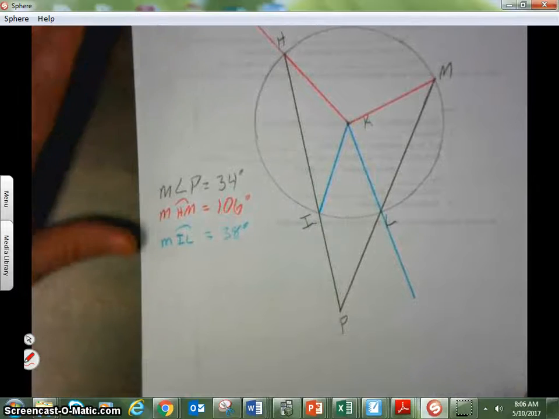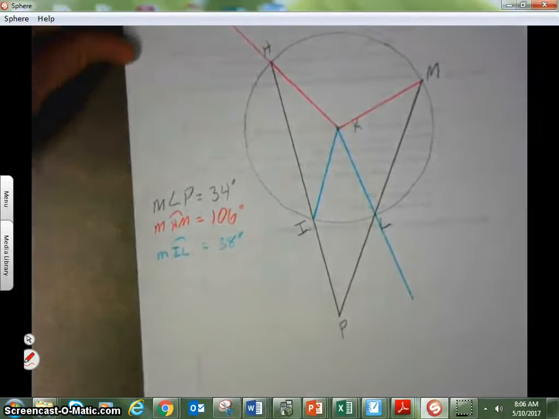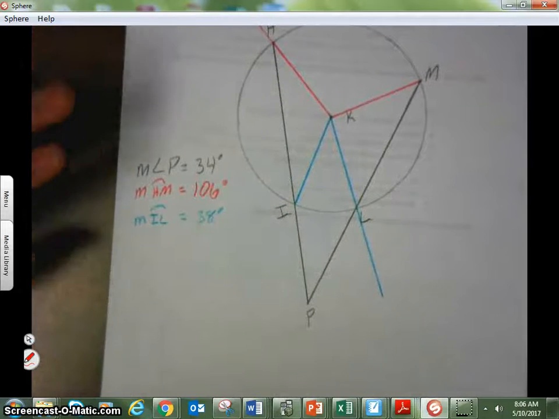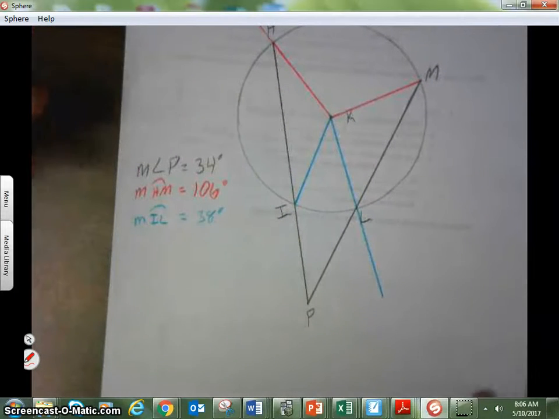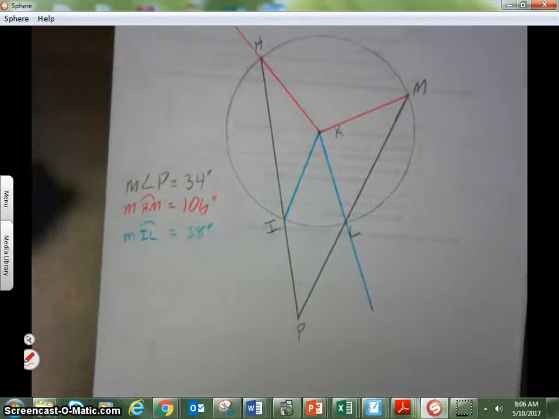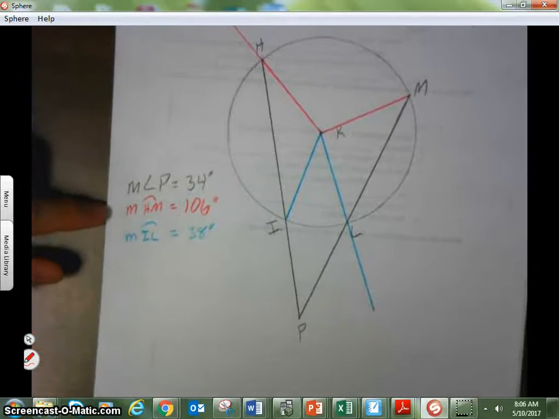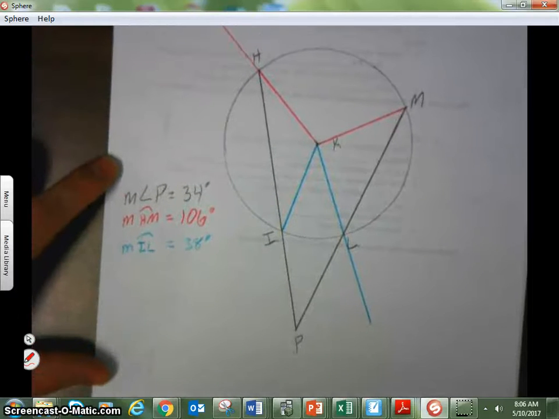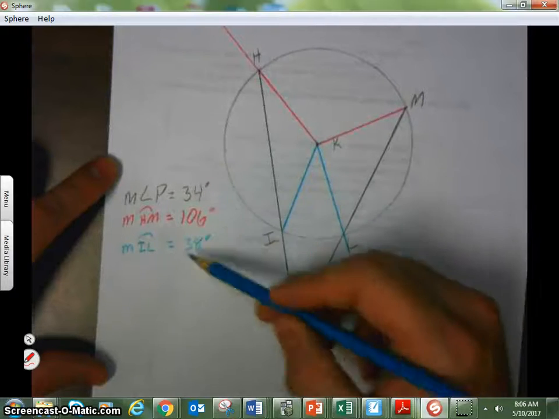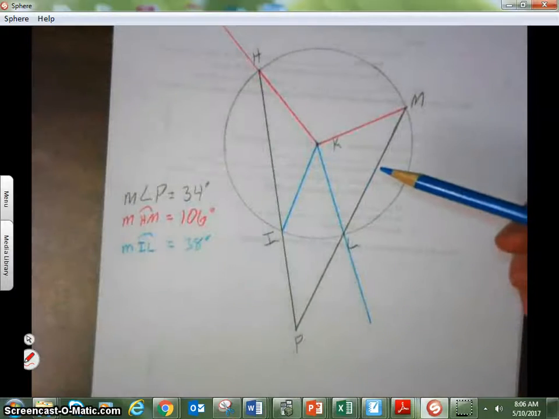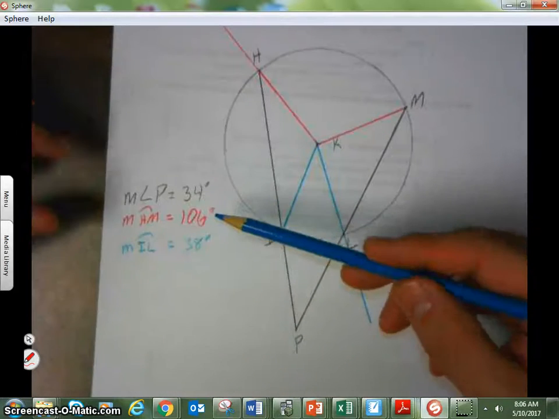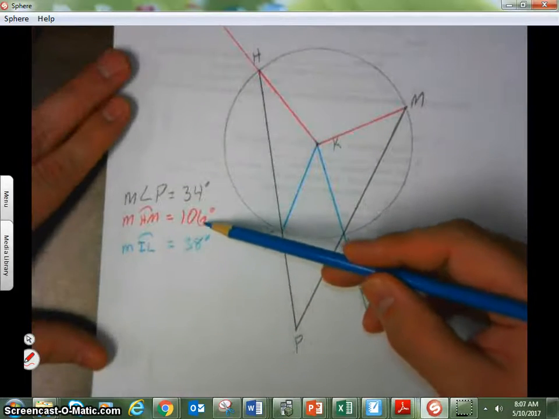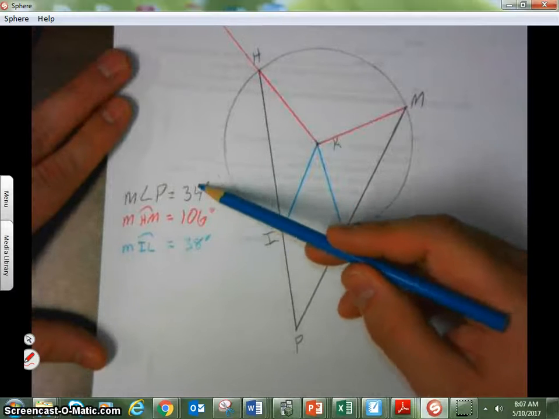Now, when we do this kind of investigation in class, the measurements themselves can be a little tricky to get sometimes. Students always have varying degrees of accuracy with their measurements. But once we have our angle measures, we start to say, well, how do the measurements of these two arcs compare to this?